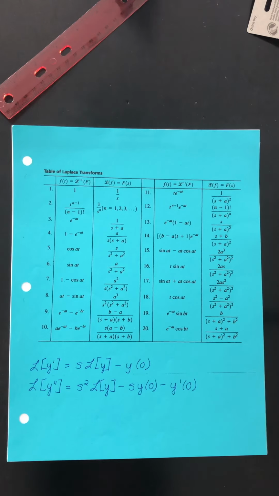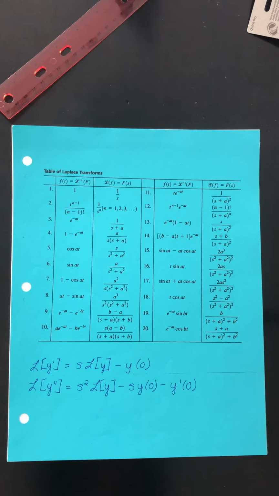What we have is y double prime plus 3y prime is 3. The initial values are 1 and 2 respectively. So using these initial values and plugging into the formulas for the transform of y prime and y double prime, we have the following.